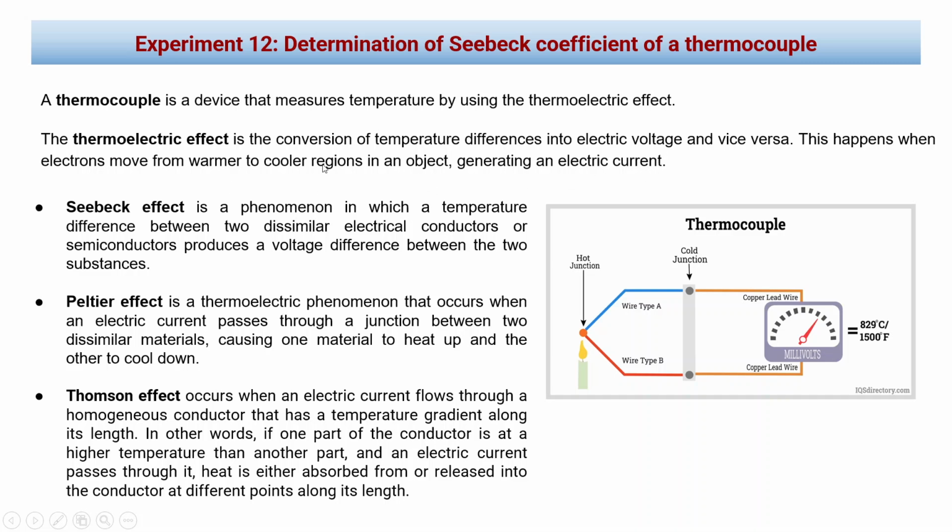So if there is a temperature difference between the two ends of a body, there will be a voltage difference between those two ends, and vice versa. This is known as the thermoelectric effect.